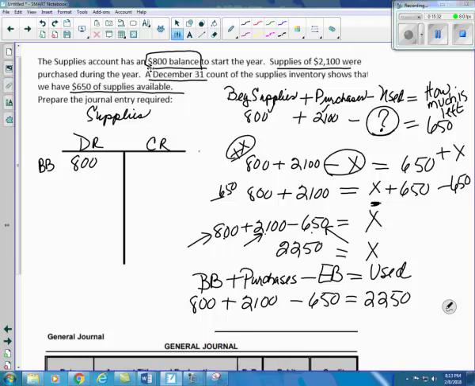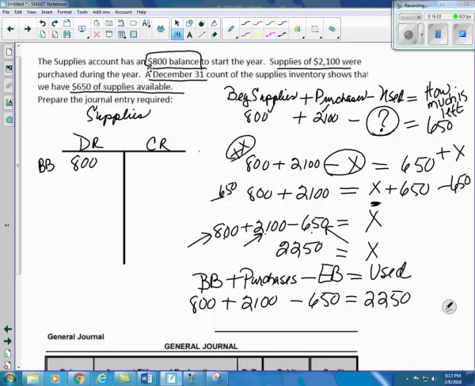We would have a debit to supplies, making it go up, and a credit to either cash, if we paid for it in cash, and that would make cash go down, right? If we credit cash, it makes it go down. Or we would credit accounts payable. So if we bought those supplies on account, then we didn't pay for them right away, and we would have credited accounts payable instead of crediting cash.